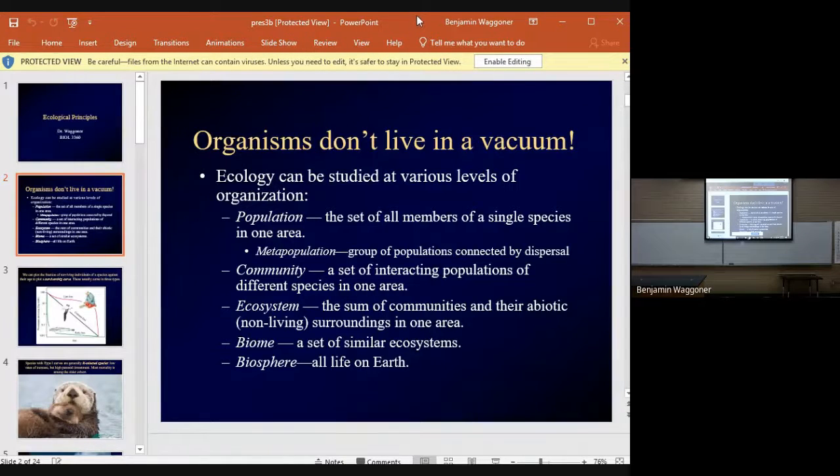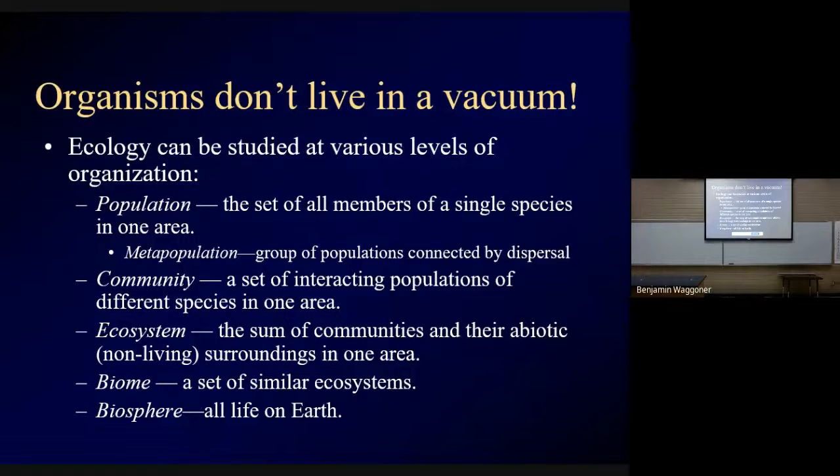So, three patches of dandelions or something like that that may be separated from each other, maybe by sidewalks or something, but all of which can interbreed with each other. It would be useful to call that a meta-population, sort of a group of connected populations.